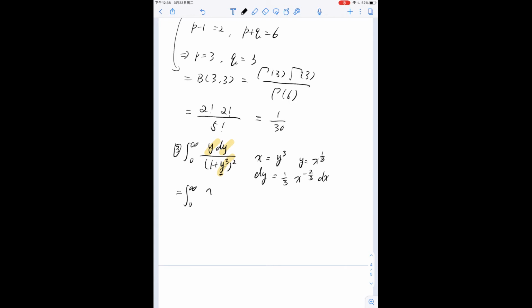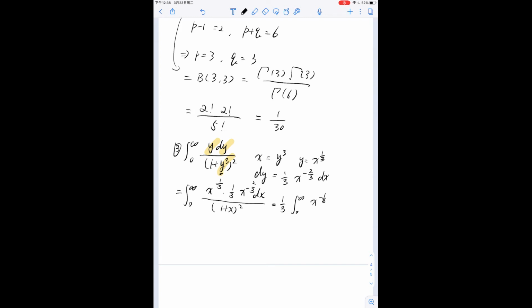We have this. And moving 1/3 outside, we get x to the power of minus 1/3.